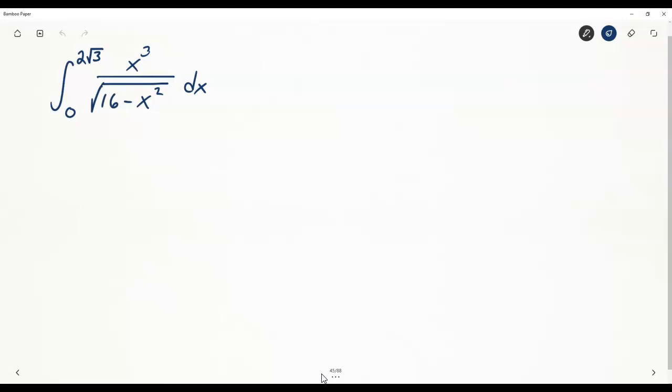So here, because I see square root of a constant minus an expression involving x squared, tell me, what should I let x be? What is a in this case? 4. So I should let x be 4 sine of theta.